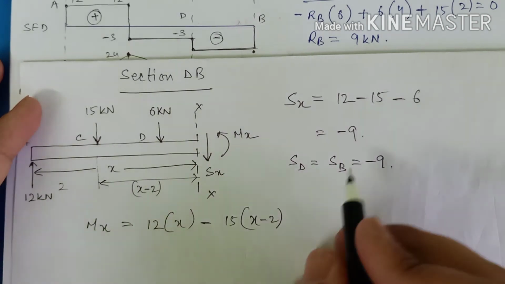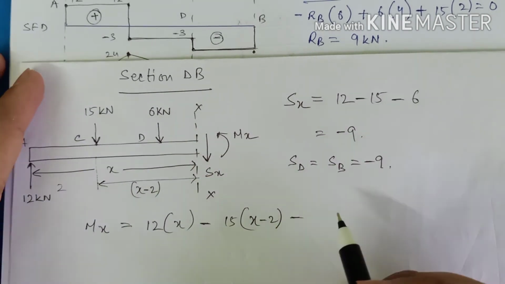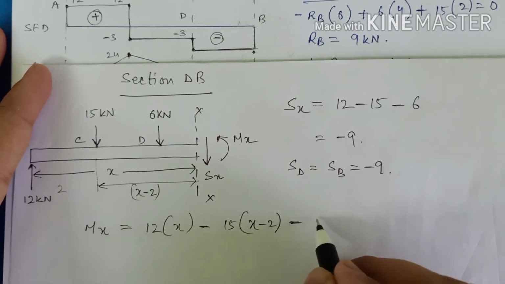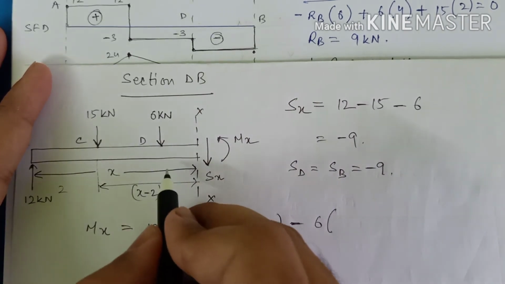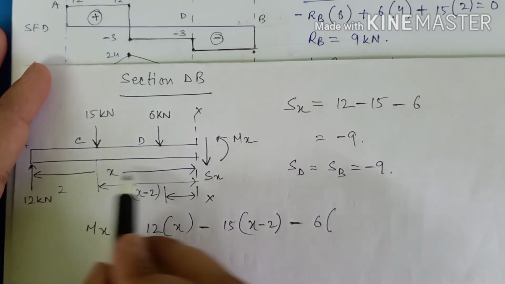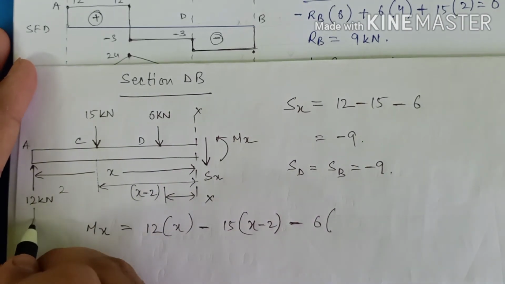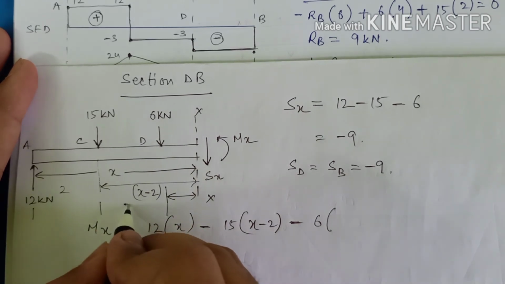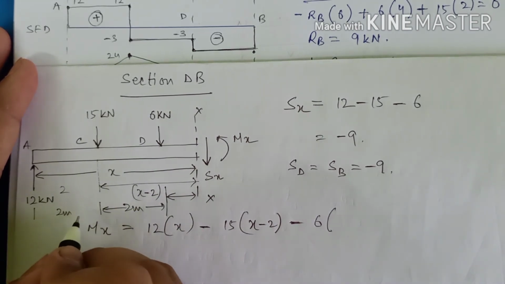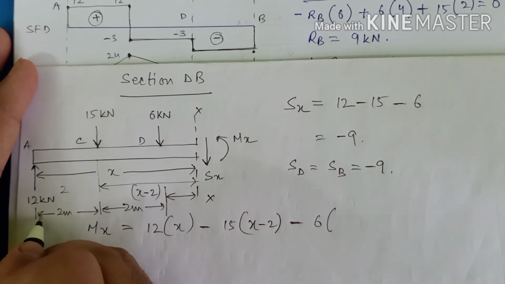Fine. Now this one at point D, 6, again it will try to hog the beam, so basically negative. And what will be this distance, right? Total is x, and this is 2 meters and this is also 2 meters, right?